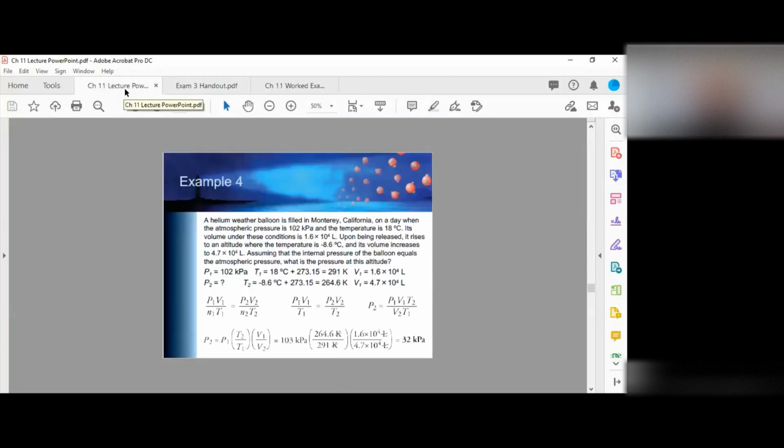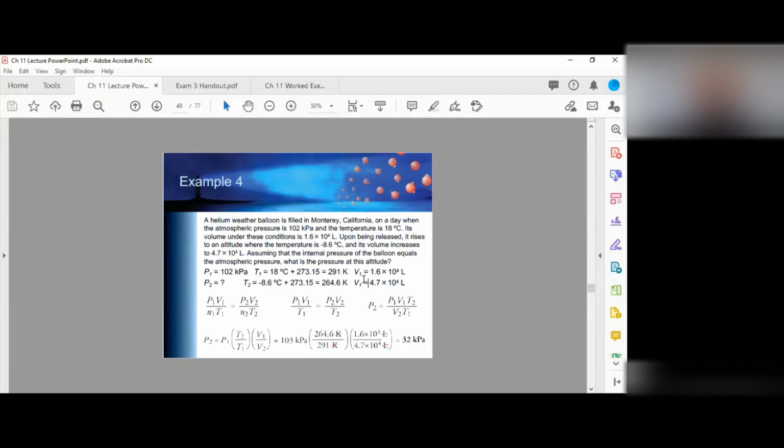So example 4, which is slide number 49, gives you P1, missing P2, gives you T1 and T2. They are given in Celsius, so you're going to have to convert them to Kelvin, and it's giving you V1 and V2. This should be V2. I think it's a typo. Yeah, this should say V2. I don't know why it says V1. Okay, so it's plugged in here as V2.